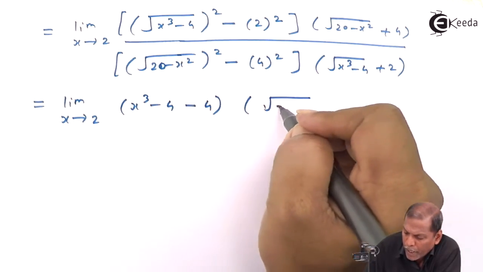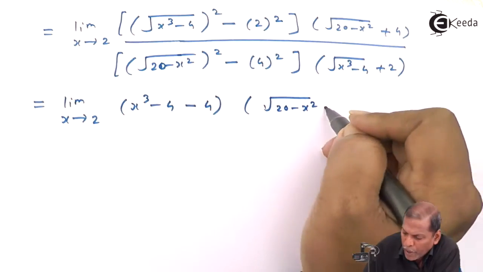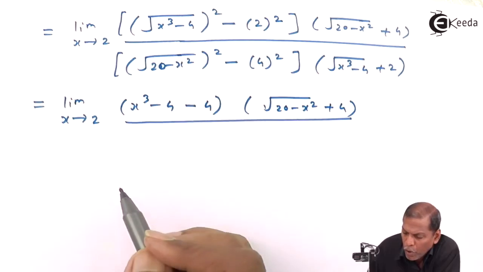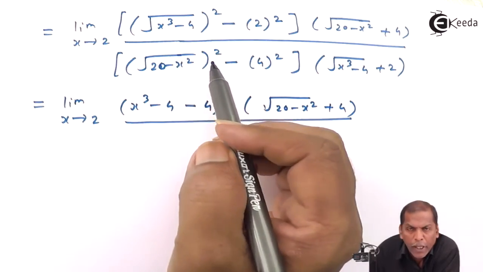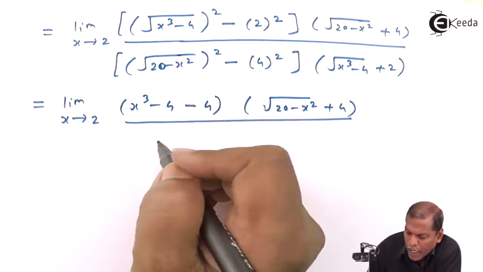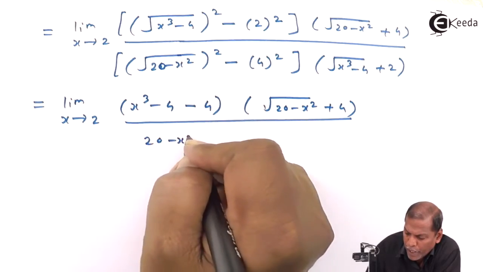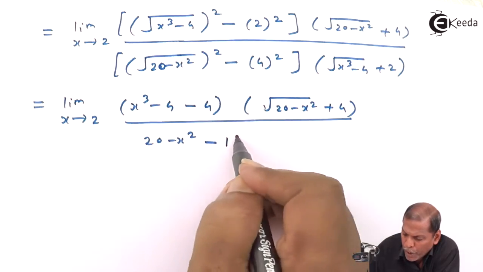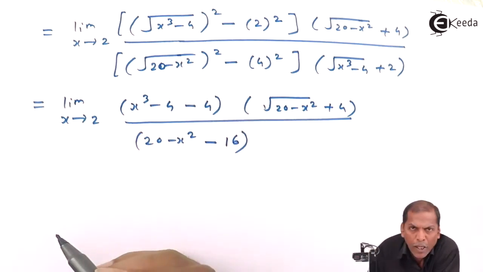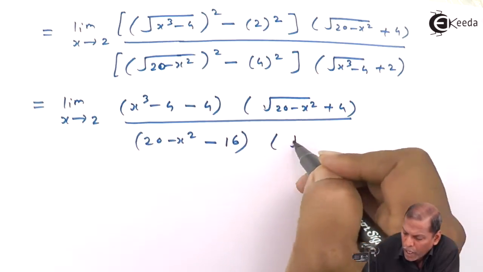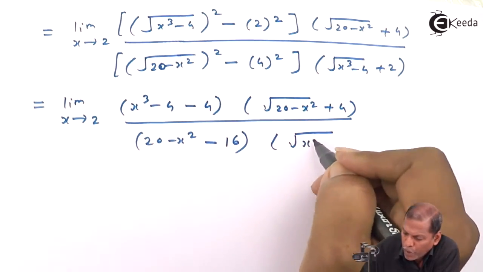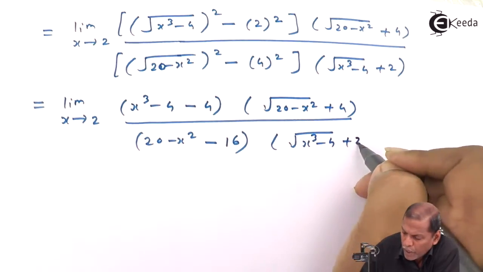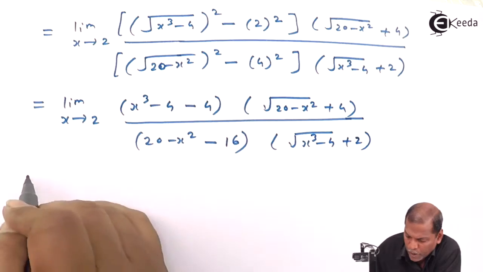Then the second bracket, square root of 20 minus x square plus 4, we write as it is, totally divided by, now in the denominator square and square root cancel, so we are left with 20 minus x square minus 4, the 4 square gives us 16. That is the answer for the first bracket. And in the second bracket, the term square root of x cube minus 4 plus 2 we write as it is.